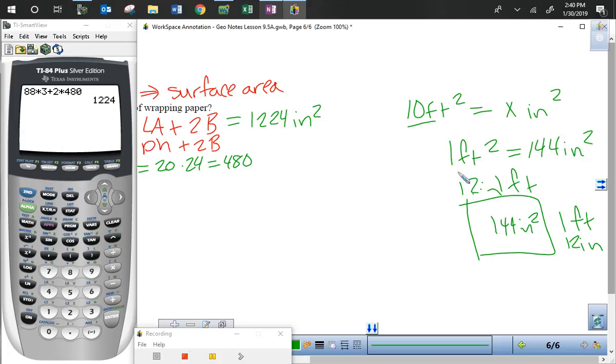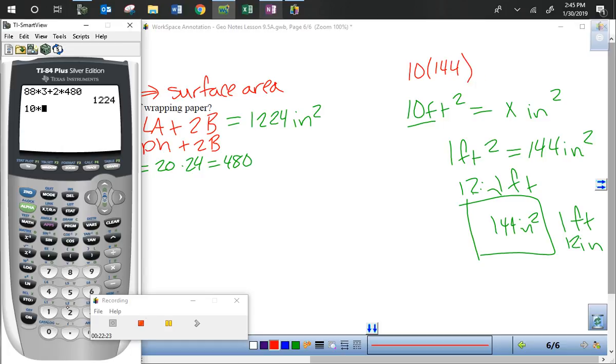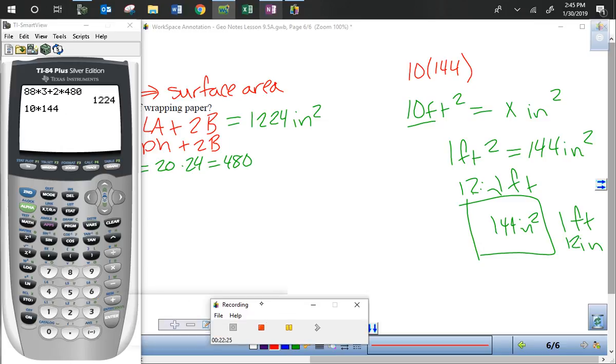We've got 10 of them. So we'll take, just to get our answer here, 10 times 144. That'll give us our amount of wrapping paper in our inches squared, so we can compare them.